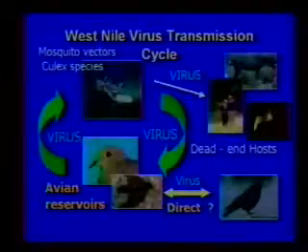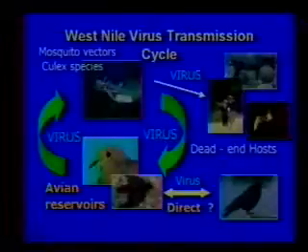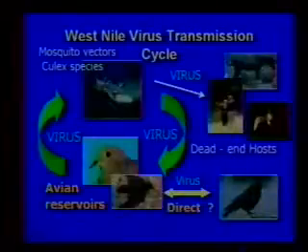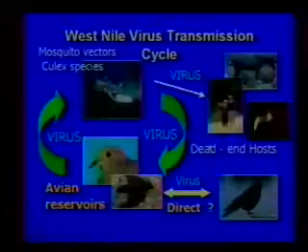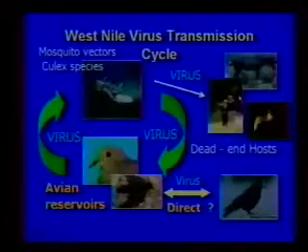And we have to recognize that when the disease occurs in people, horses, and some mammals involving animals such as bats, the virus has reached a dead end. And for that reason, we call them dead-end hosts. In other words, the level of viremia is insufficient to perpetuate the virus.